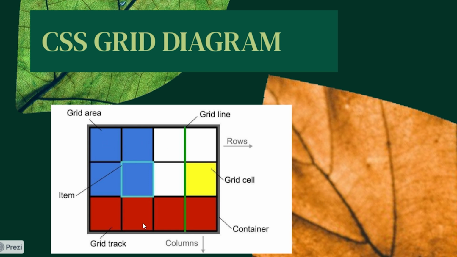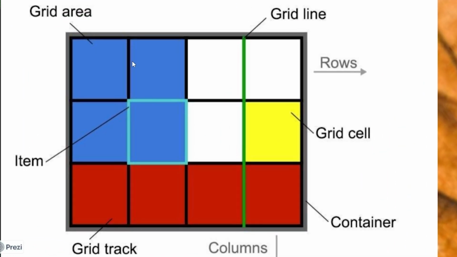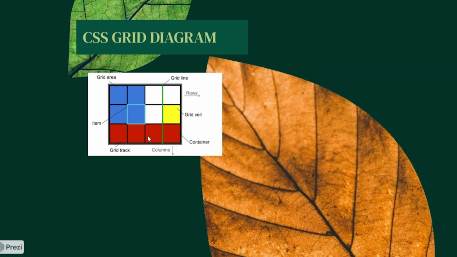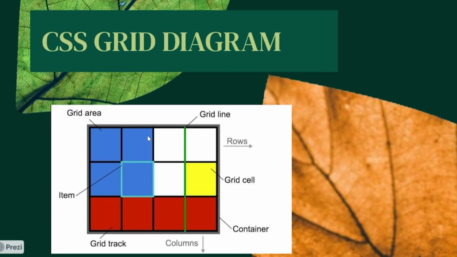The space formed by the rows and columns is called the grid. And a collection of multiple cells can form a grid area.